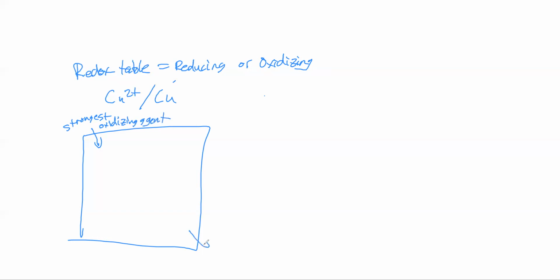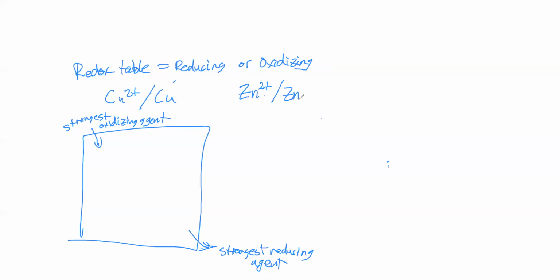While our bottom one is going to be our strongest reducing agent. So when they arrange themselves, whoever's on the top is going to arrange itself to be going to the reduction process. Whoever's on the bottom is going to rearrange themselves to go through the oxidizing process. So if we look at that first example, let's say that we have our copper 2+ and we're comparing it against our zinc 2+ to zinc.